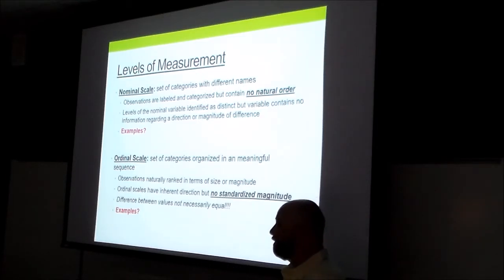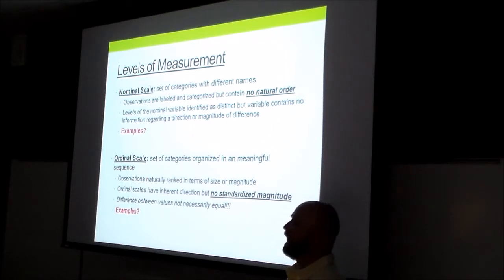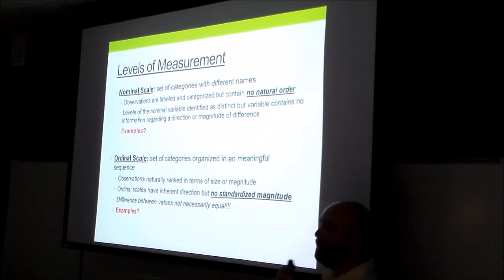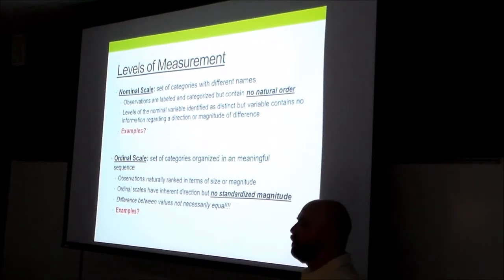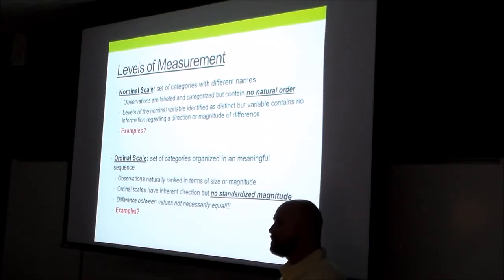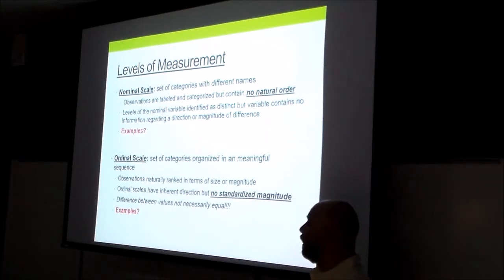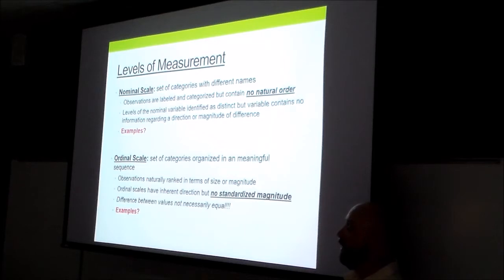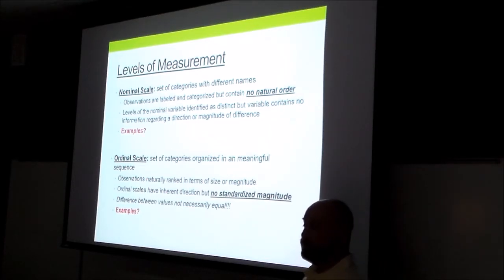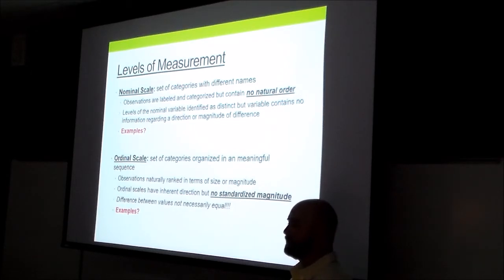Alex's 25 may not be the same distance as Katie's 15, right? Like it's going to be an order. We pretend it's continuous, but any of our Likert type scales or any type of self-report scale is almost always probably ordinal if we're thinking about how it relates to the actual construct, because that's what's important, right?